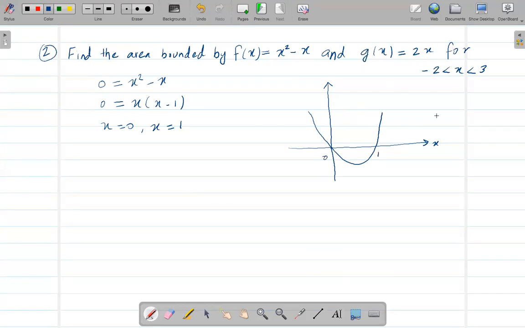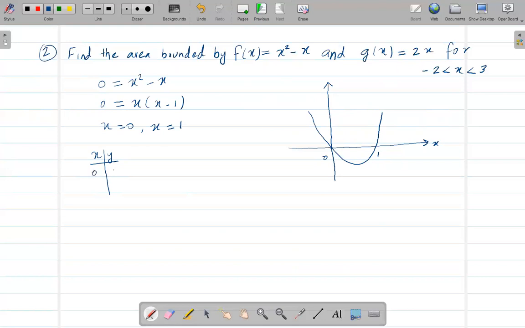Okay. Now the next one is g of x equals 2x. If you make an x, y table and give some values for x, you'll get the values of y, so you'll get a few points, right?